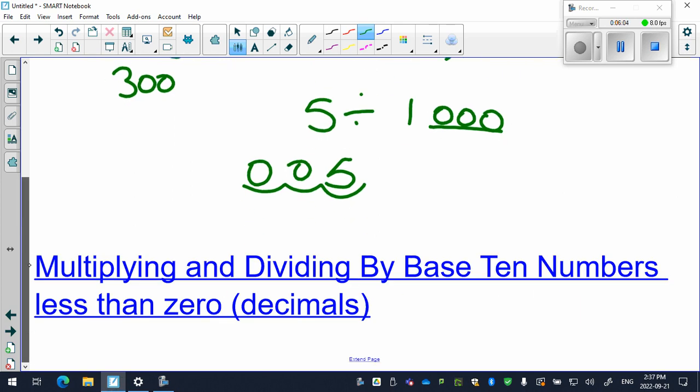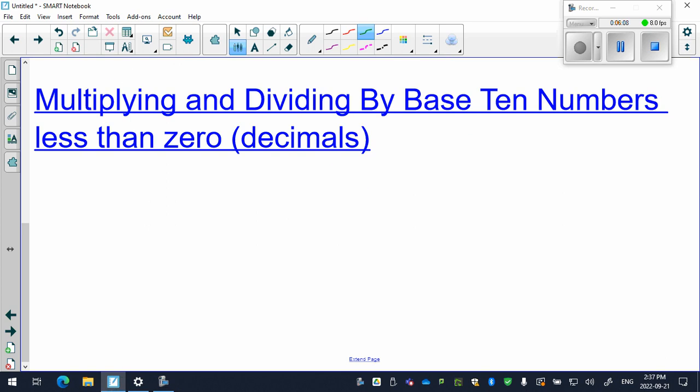The new stuff is when we're going to do this with decimals now. So again, if we multiply 3 times decimal 0.001, before when we multiplied by a whole number, a whole base 10, it got greater. This time it's going to get smaller. So this 3 will become a smaller number. By how many?